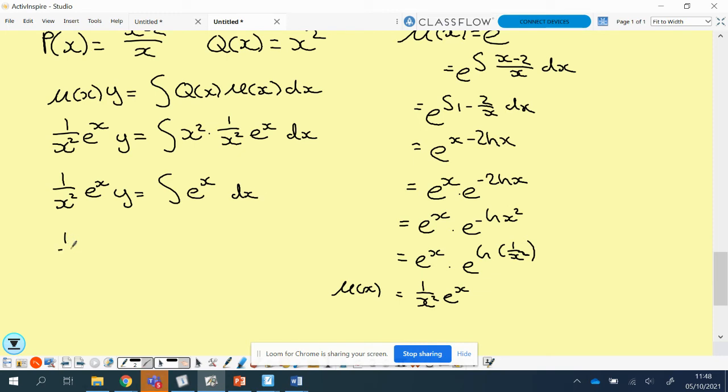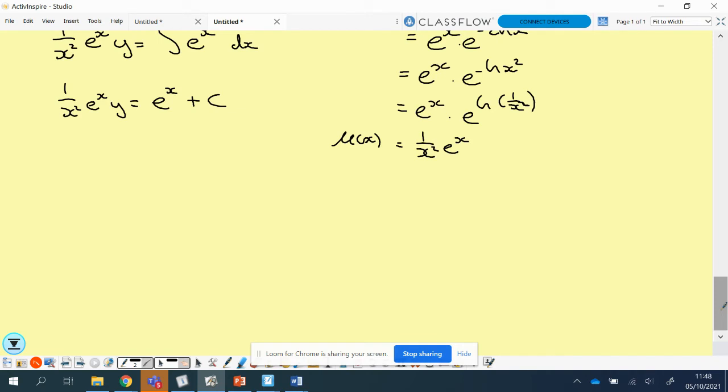Okay, so that did turn out to be quite nice. If I integrate this now, 1 over x squared e to the x y will equal e to the x plus my constant c. Therefore, if I divide both sides by e to the x, because I want to move this stuff over the other side, then I'm left with 1 over x squared y equals, well, e to the x divided by e to the x is 1, plus c over e to the x.